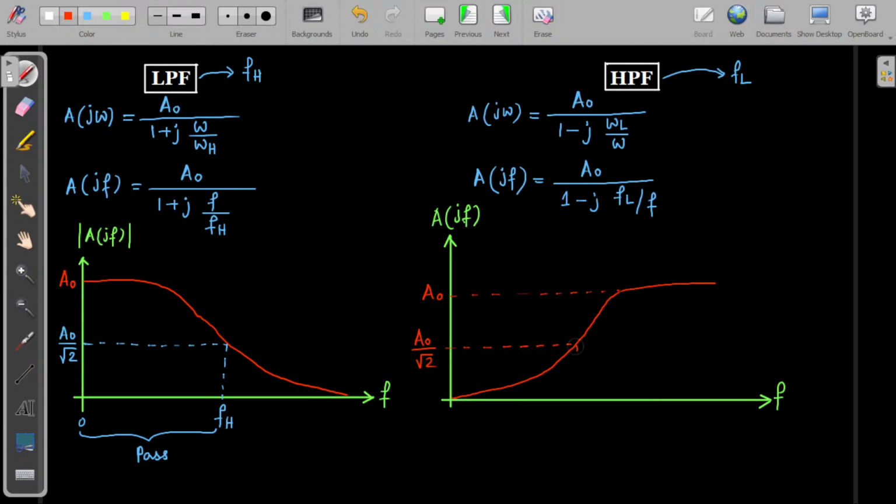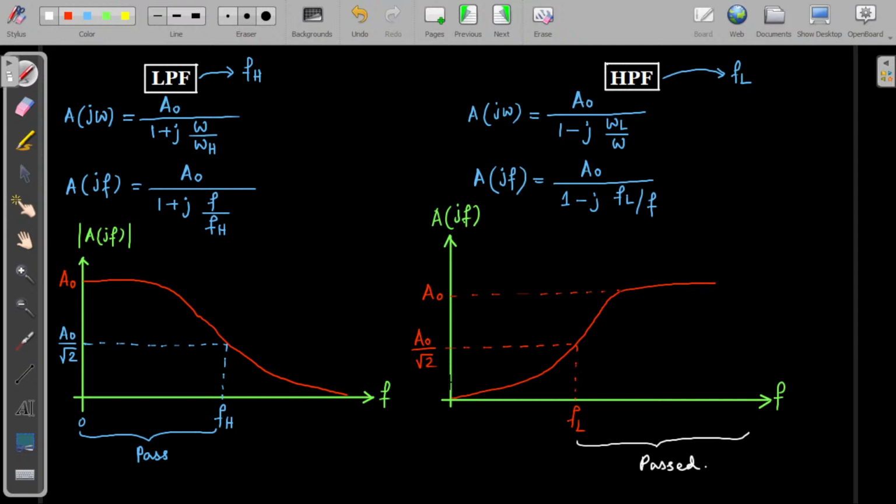This frequency is the lower cutoff frequency. The frequencies above fL will pass through the high pass filter, and the frequencies below fL will be blocked. So this is the low pass filter response and the high pass filter response.